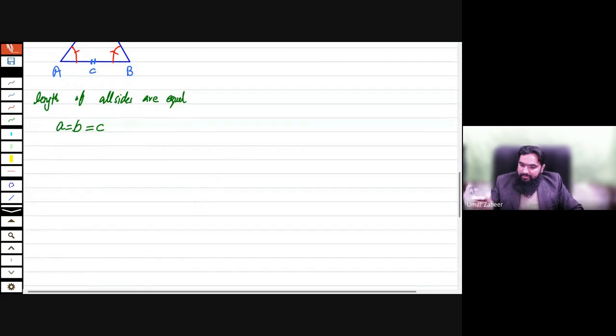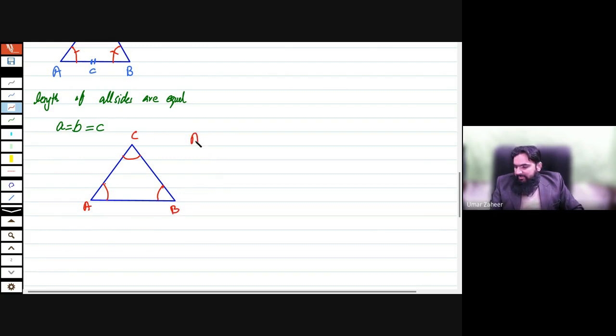Let's say you have a triangle. Obviously, it has angle A, angle B, angle C. It is the angle property of a triangle. The sum of all interior angles is equal to 180 degrees.